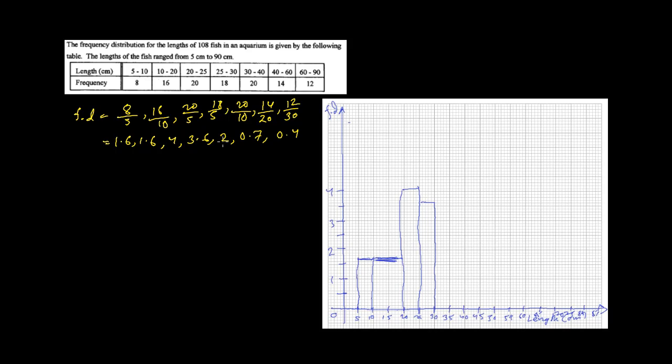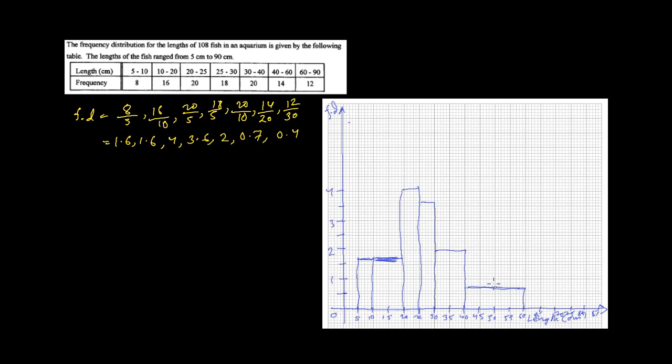Next one is 30 to 40. Height is 2. Then 40 to 60, the height is 0.7. So 0.7 is going to be around here to 60. And then we have 60 to 90, which is 0.4.